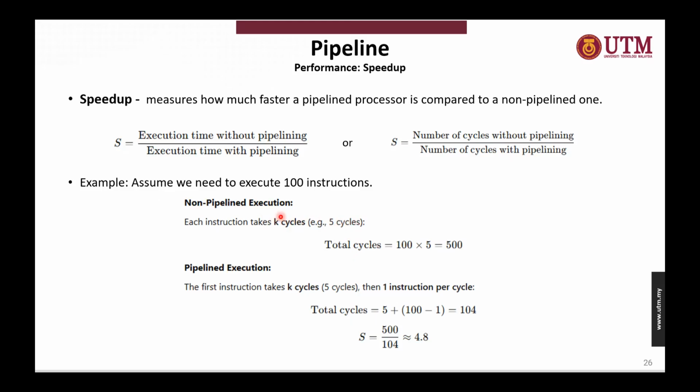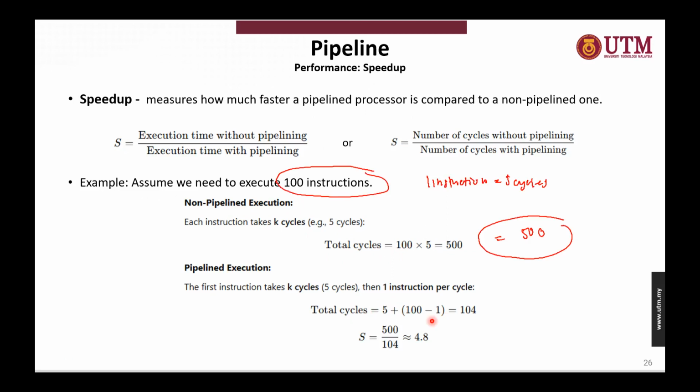So for non-pipeline execution, the total cycles will be 100 multiplied by 5, equal to 500, because we're going to execute 100 instructions and one instruction costs you 5 cycles. So the total execution time is 500 cycles for the non-pipeline.